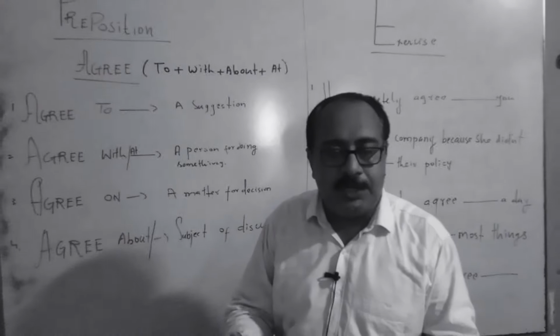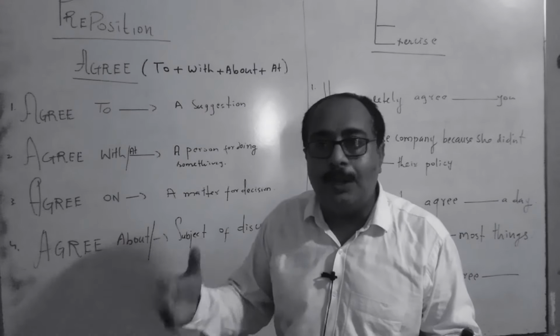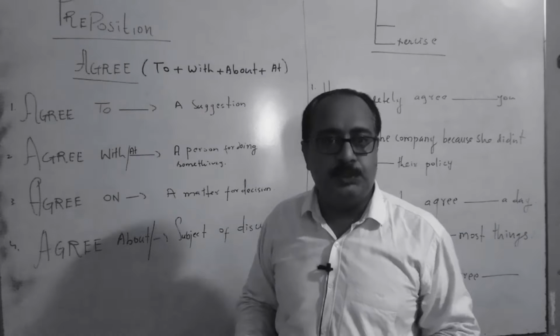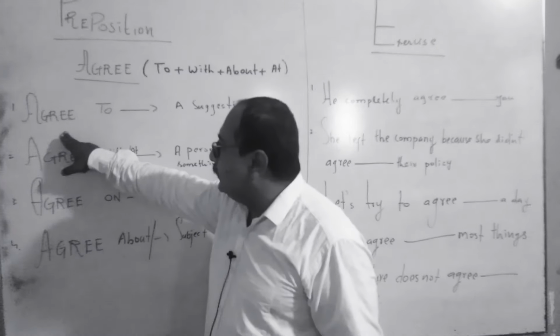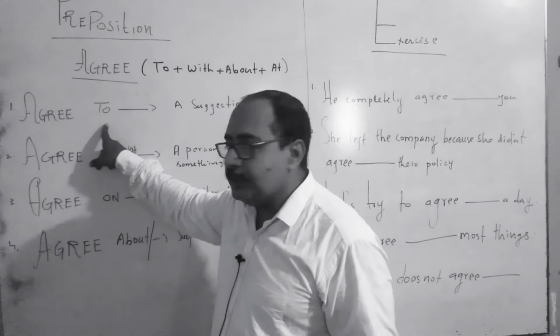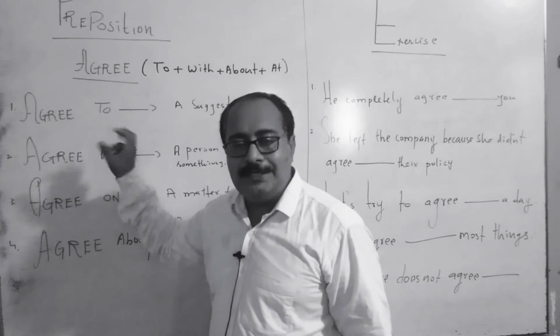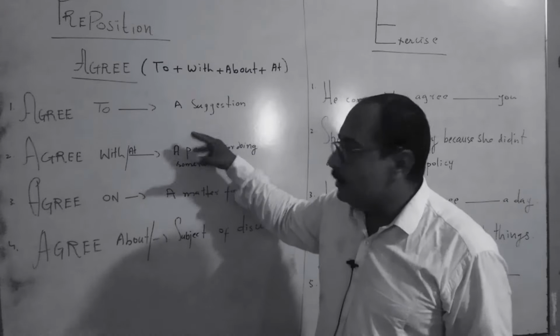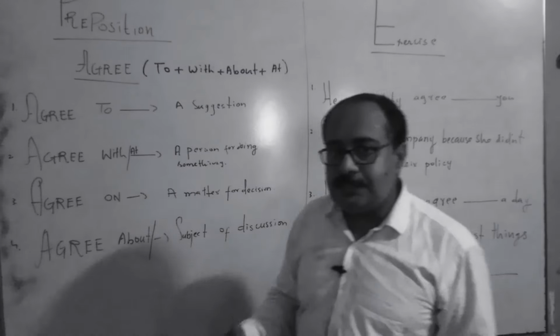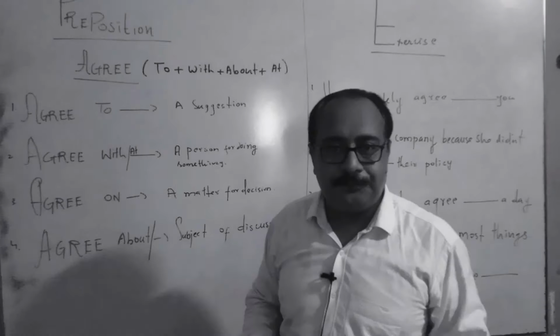We have to understand the situation, in which sense it has been used. Word number one: agree, and we are using to here. Whenever agree to is there, it means we are talking about some suggestion, some policy. So when a suggestion or policy is there, we are supposed to use to.